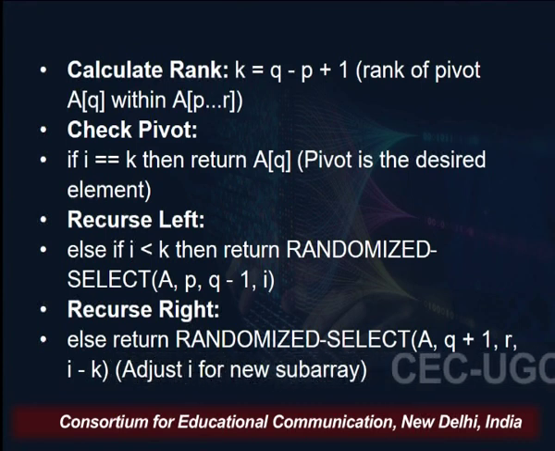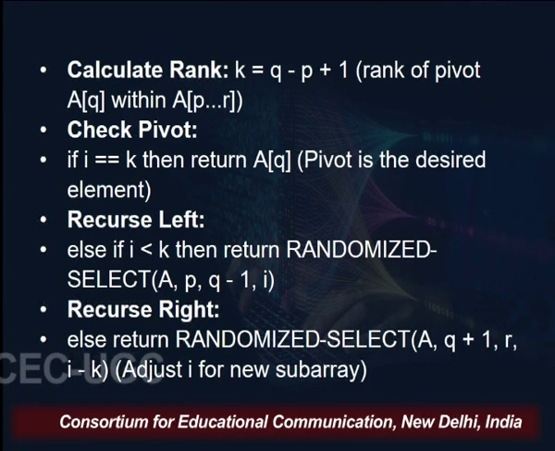That is the point to be noted. If we need to recurse right, we will be recursing in the right portion which starts from q plus 1 to r, that is fine. But now the desired rank is not i, the desired rank is i minus k, because we need to adjust this i for the new subarray. This is something which is important and which we need to take care of.